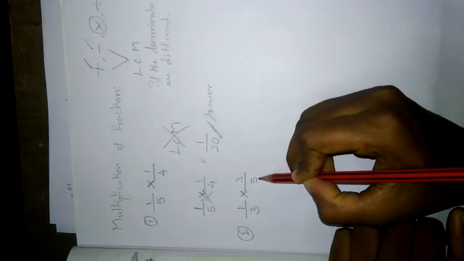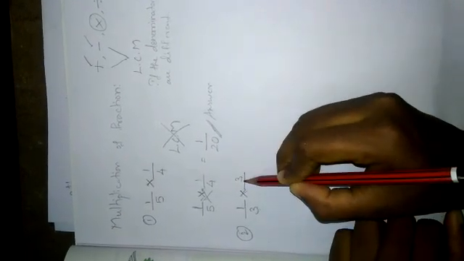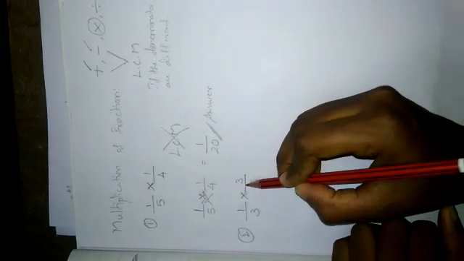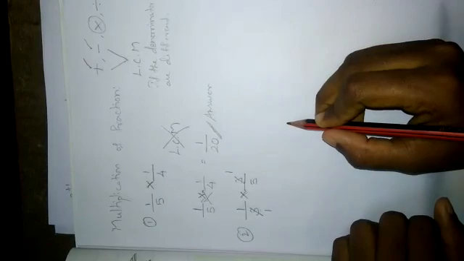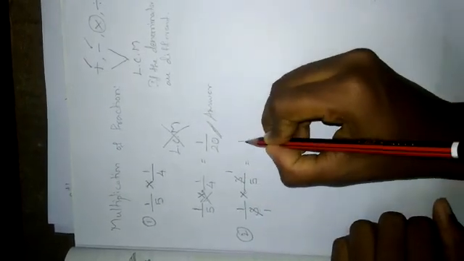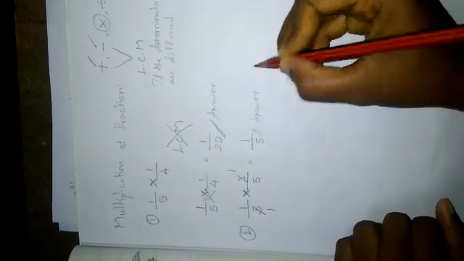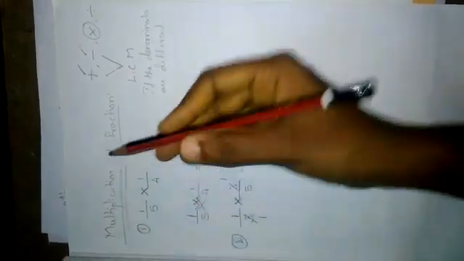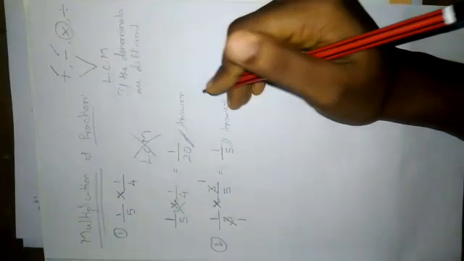Now we will check the cross. 1 and 5 are not in the same table, but 3 and 3, yes. We will get the same number in the table of 3. So 1 threes are 3, 1 threes are 3. So 1 into 1, 1, and 1 into 5, 5. This is the answer. Compared to addition and subtraction of fractions, this multiplication is very easy to do to get the solution.